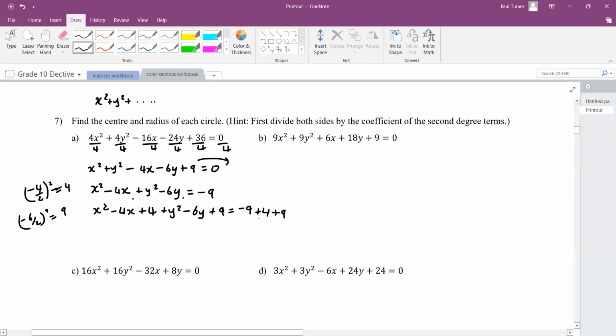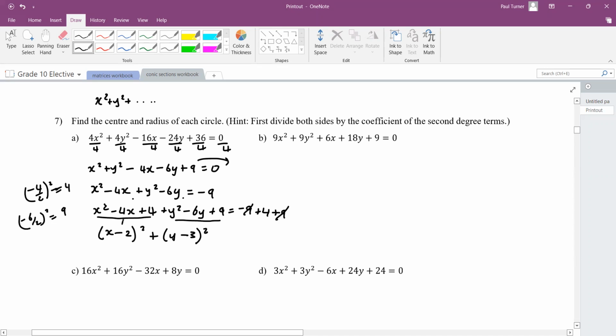Okay, so we add those together. So that negative 9 will cancel that 9. That will be leaving 4 here. So we complete the square here and here, which is already done. So we'll write as a complete square. So x minus the square root of this number, which is going to be 2, all squared, plus y minus the square root of 9, which is 3, all squared.